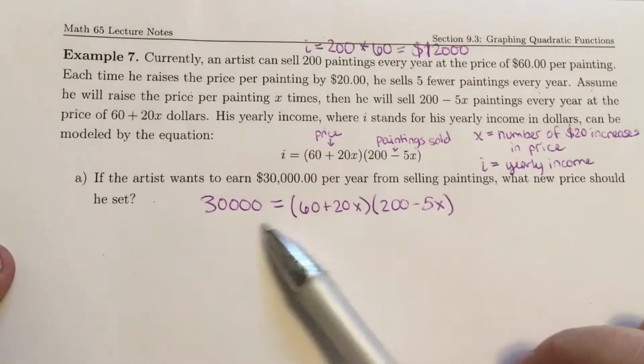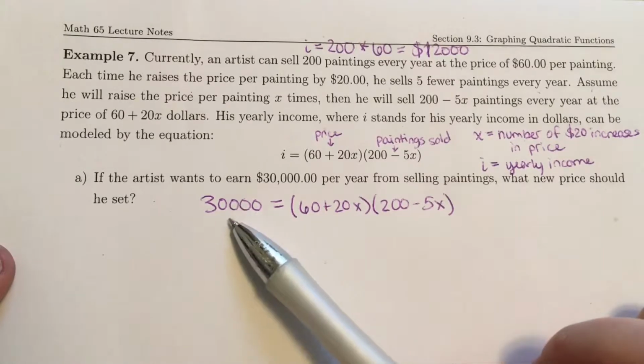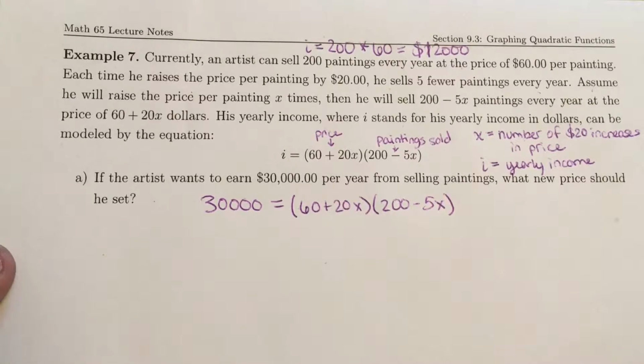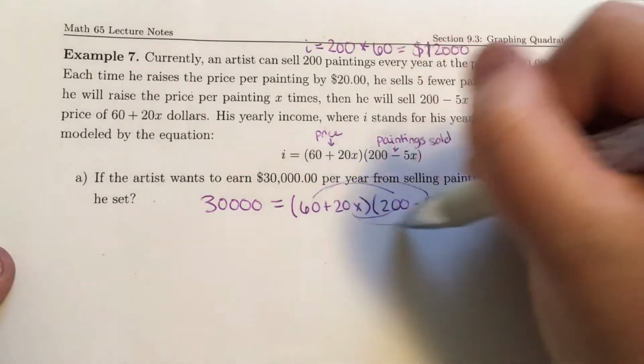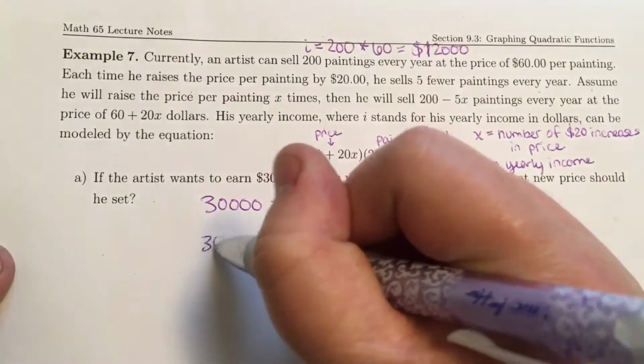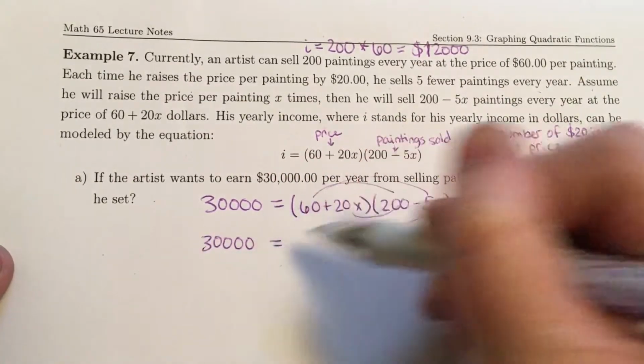In order to solve this, though, I need to get 0 on the left side of the equation, or I guess on the right side. I just need to get 0 on a side. So we're going to need to FOIL this, multiply it all out, and then combine it with this 30,000.